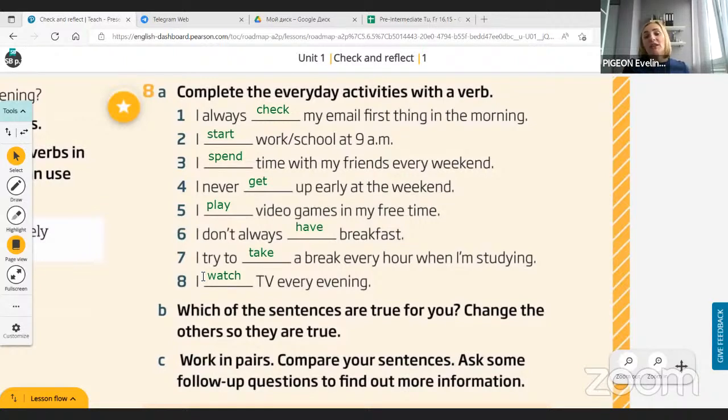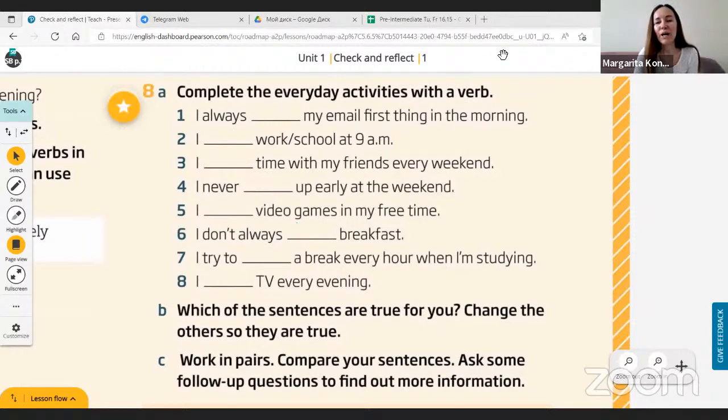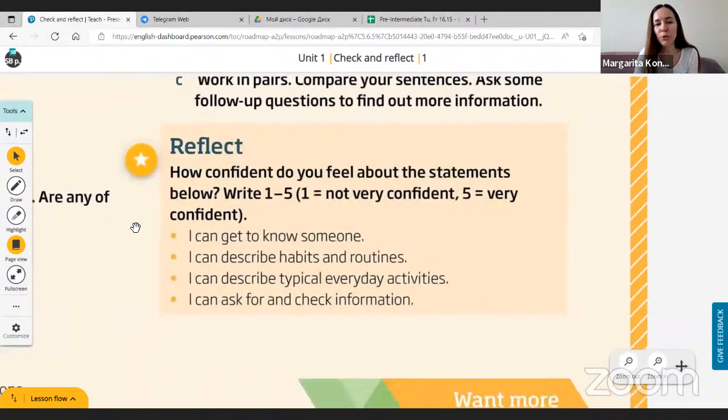I never watch TV every evening. Only on weekends. Only films. Yeah, a good film or a good serial, yeah? Yes, yes. Wonderful. Ladies, thank you very much. This was good job.